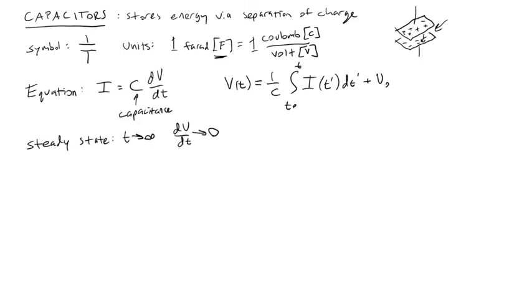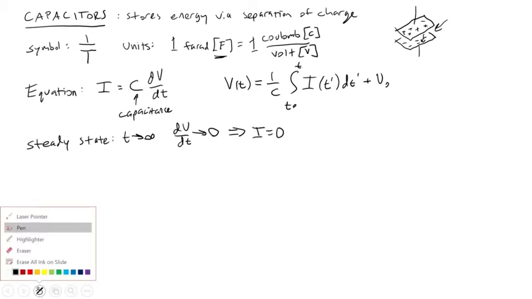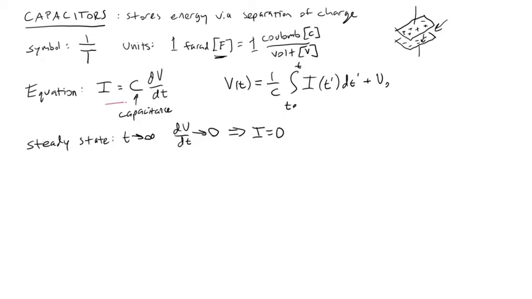In this case, that means dv/dt equals 0, which according to our equation means i equals 0. If dv/dt is 0, then i has to be 0. That means that in steady state, a capacitor acts like an open circuit. No current can flow through an open circuit.